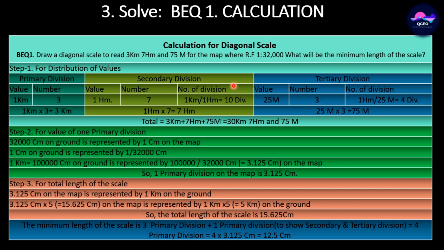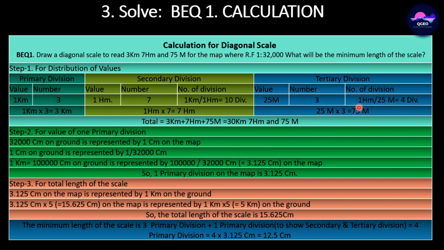And also remember the number of divisions in the secondary part. Here the formula is value of primary division divided by value of secondary division, that is 1 kilometer divided by 1 hectometer, that is 10 divisions. In the tertiary division the value is 25, number is 3, so it will be 75 meter.